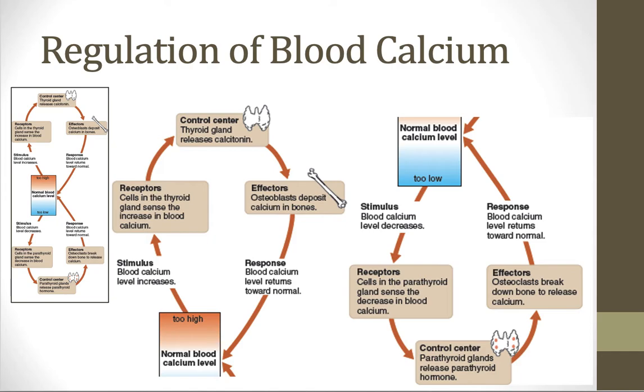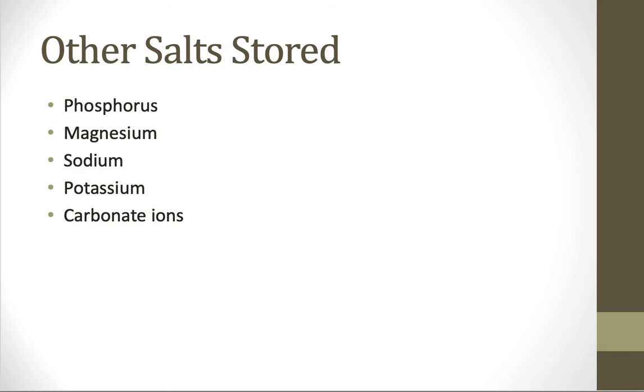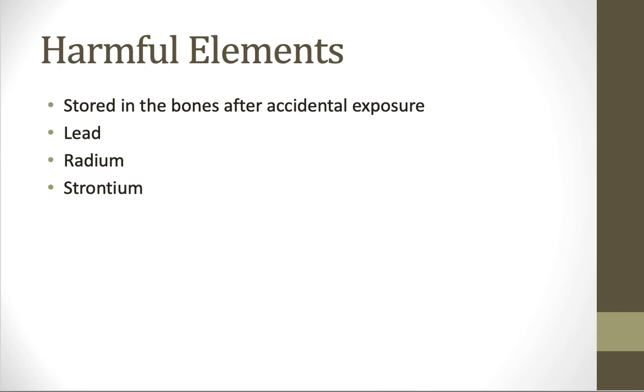Once we learn about the osteoblasts and osteoclasts, we'll talk more about this in the context of bone remodeling. There are also other salts that are stored, but again, we focus on calcium in the form of calcium phosphate. Additionally, you can store harmful elements in the bone, which get stored in there after accidental exposure.